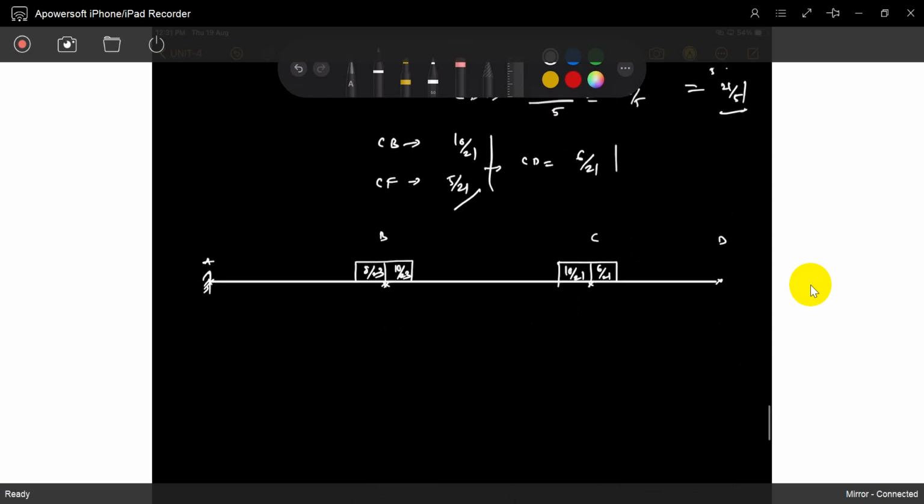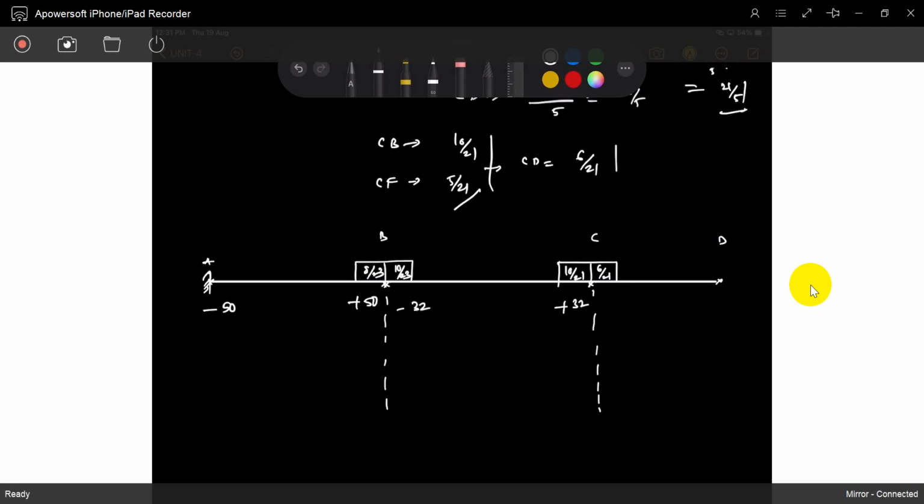Now we can see. Observe it. How can we distribute it? Everything we distributed, na? So we will write distribute moments. AB is minus 50, BA is plus 50. BC is minus 32, CB is plus 32.